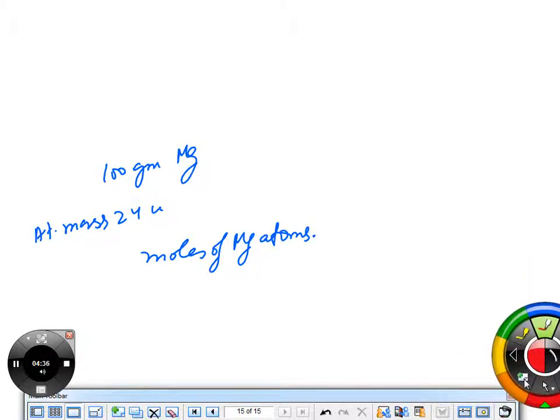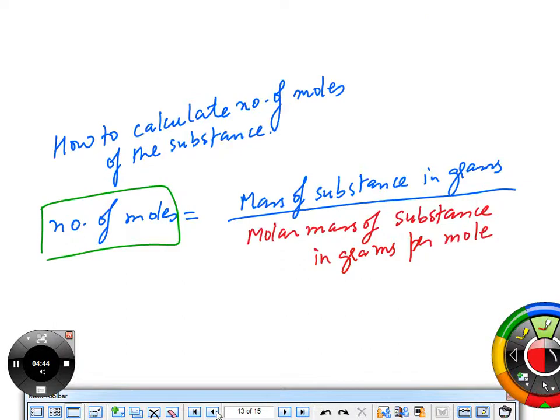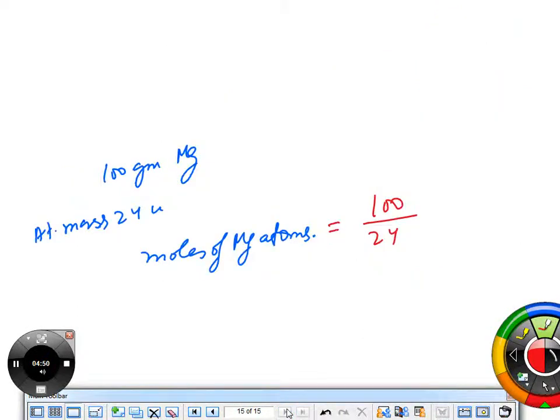How to calculate this? Mass divided by molar mass. This is what we take. Mass of substance divided by molar mass of substance. So वो ये आ गया, right? So this will be the number of moles. So if you calculate this, this will come out to be 4.17 moles.